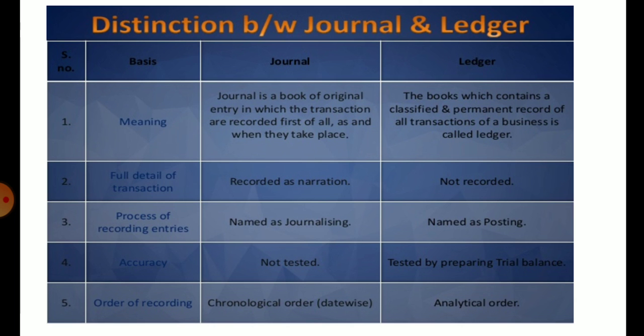Full detail of transactions. So in journal we have narrations, so you can get full information about the transactions. But in ledger, there is no full disclosure of the transactions, there is no narration. So this is not so narrative about the transactions which are posted into the ledger.